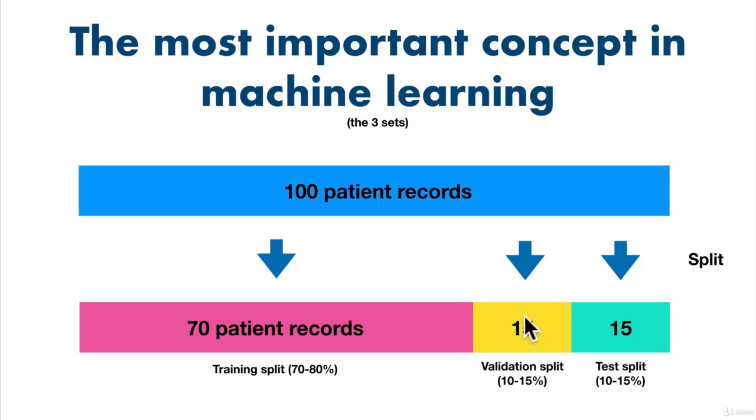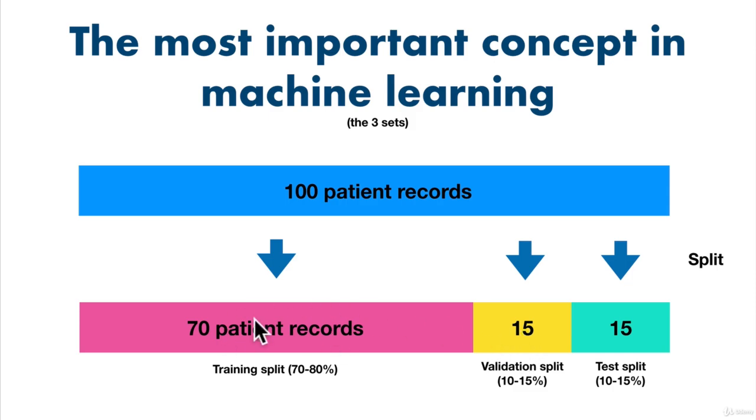Then, once you've got these splits, using a model you've chosen, you'd feed it the training data, or the information of these 70 patient records. And once your model has trained, you can check its results and see if you can improve them on the validation set. This is where you'll do model tuning.